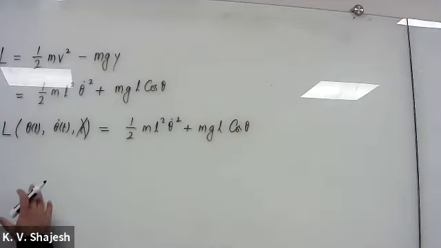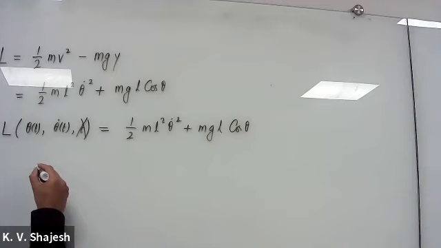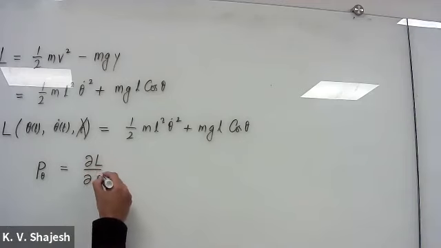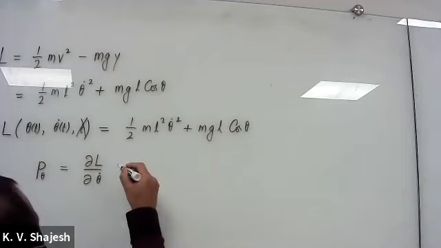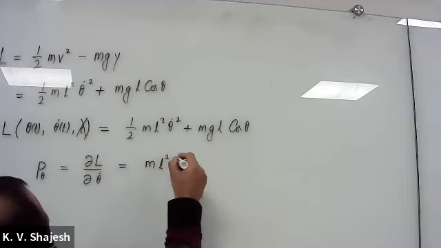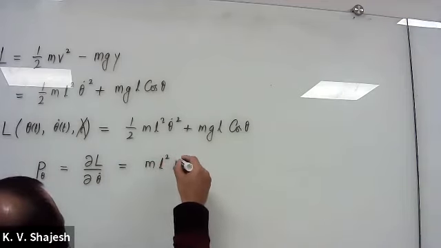What's our canonical momentum? So P, often you would say this is the momentum with respect to the variable theta. So that's equal to the partial derivative of the Lagrangian with respect to theta dot. So that's equal to m l squared theta dot.